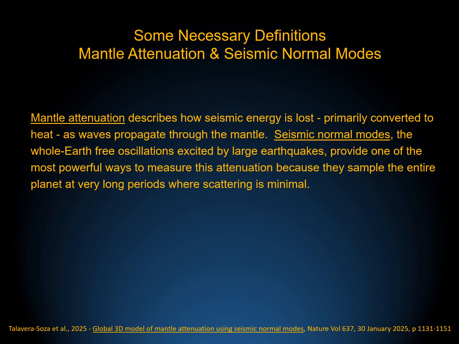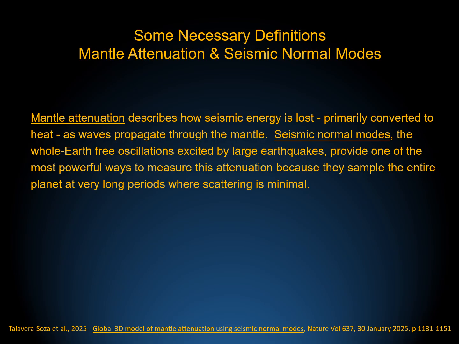Before moving on, some necessary definitions: mantle attenuation and seismic normal modes. Mantle attenuation describes how seismic energy is lost, primarily converted to heat, as waves propagate through the mantle.